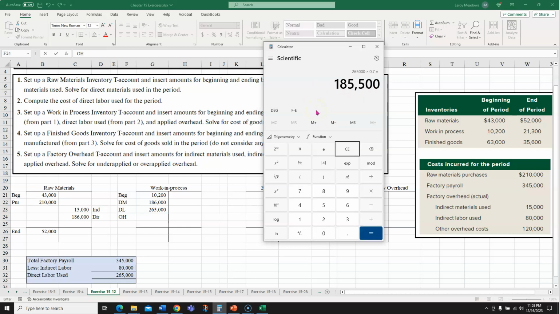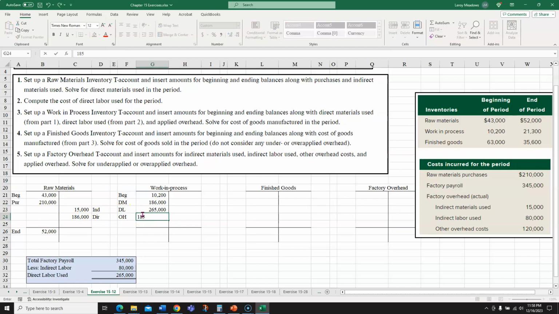And that will give me overhead applied of $185,500. And then my ending work in process balance was $21,300.